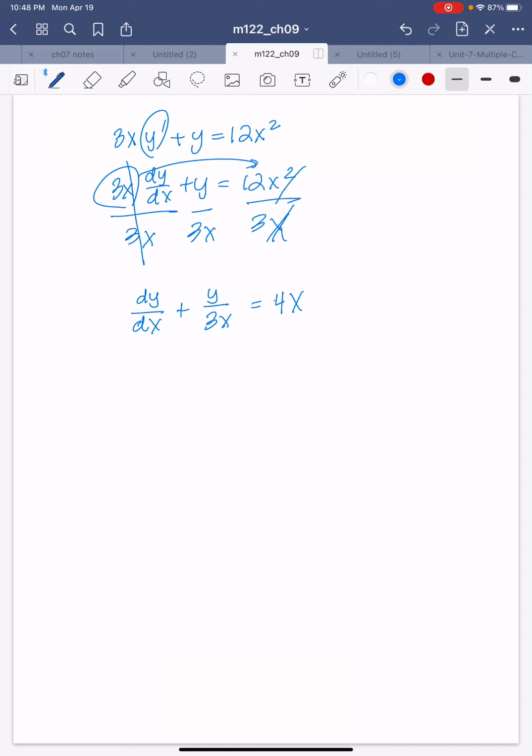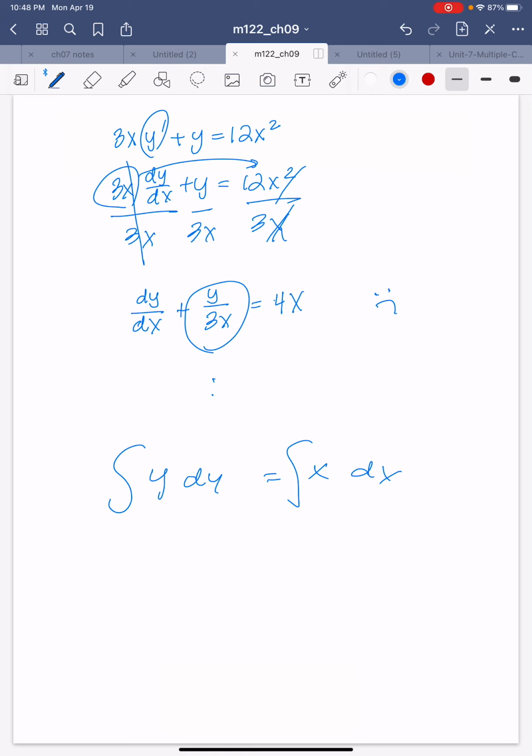But this is not separated completely because I have a y term and an x term still here, and I cannot really put it into just a y dy and an x dx term. So at this point, we're kind of stuck. We cannot integrate both sides by using separation of variables.